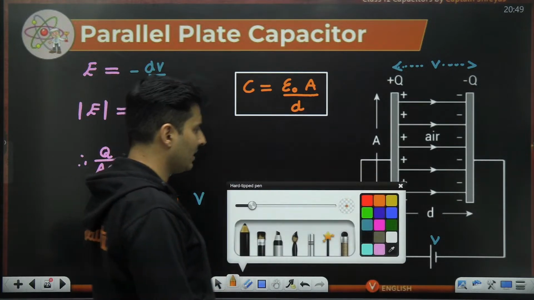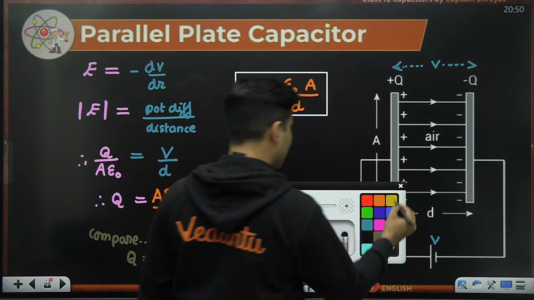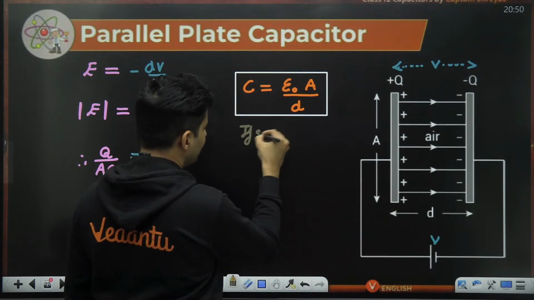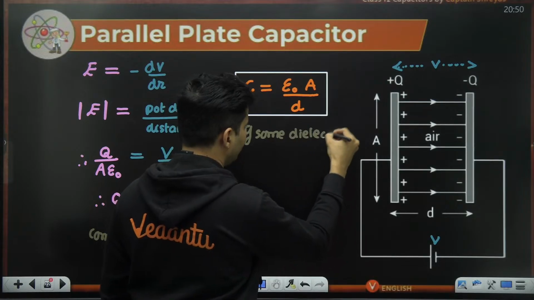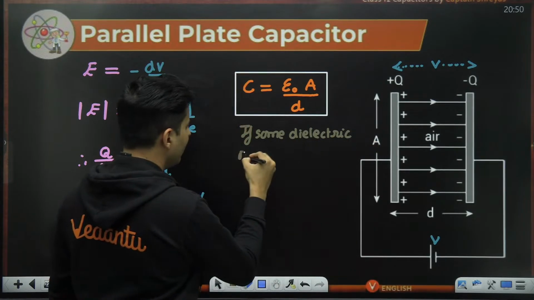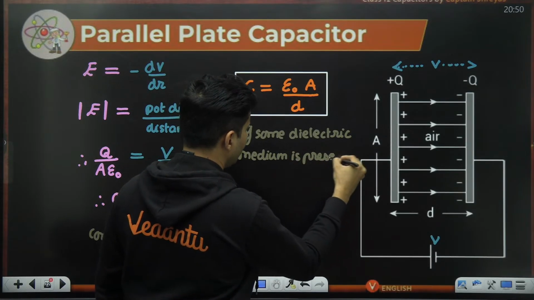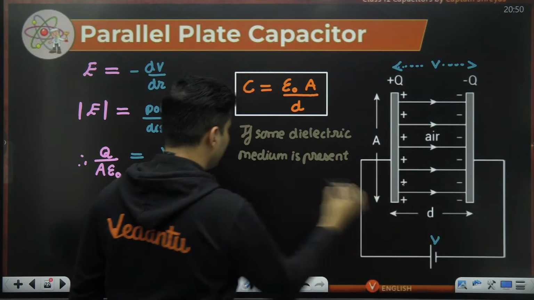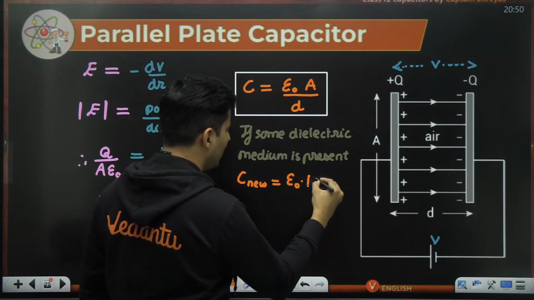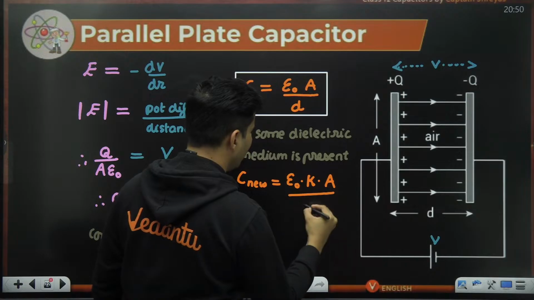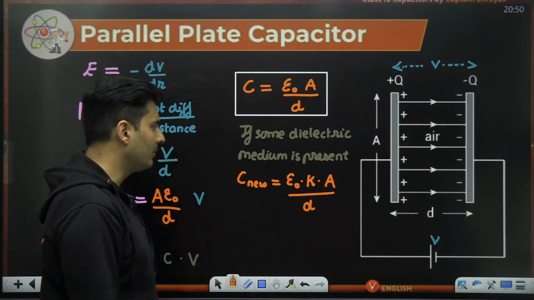So if this particular capacitor has some dielectric medium present inside, then the new capacitance will be epsilon naught into K, that's the only difference, divided by D. This K is the dielectric constant of that particular medium, right?